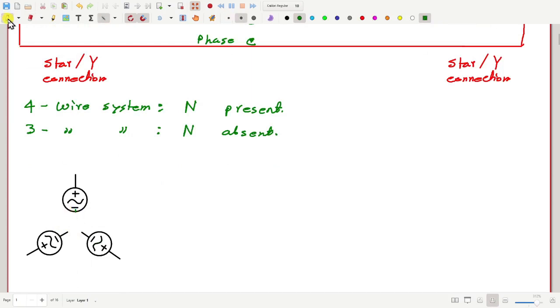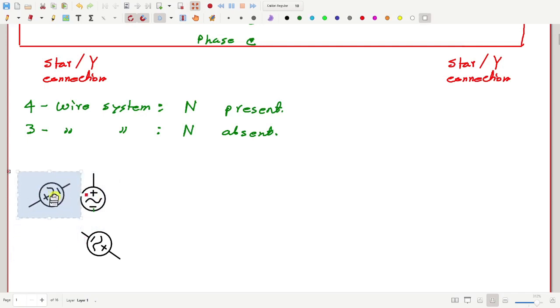Then there is another possibility, which is as follows. Suppose I connect these three sources in this way.